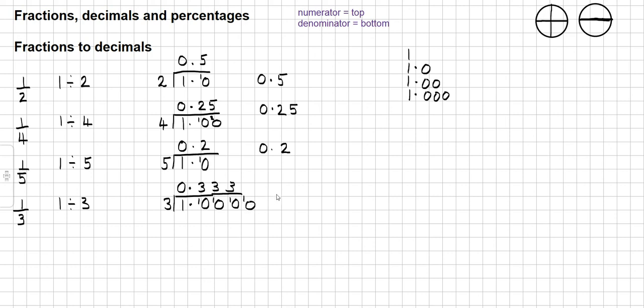So once we recognize that that's happening, we can stop and just write that as 0.3, and we can put a point above there to show that that is a recurring number. That is just going to go on eternally. Never ending.